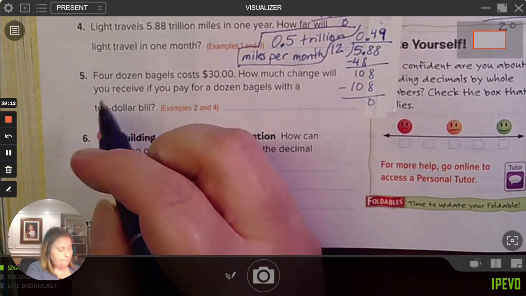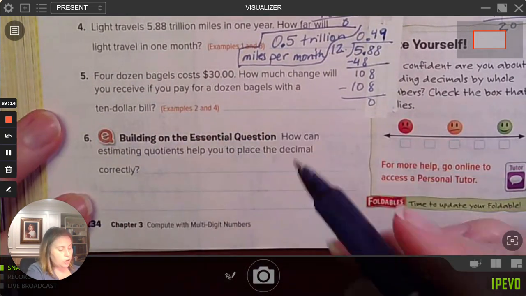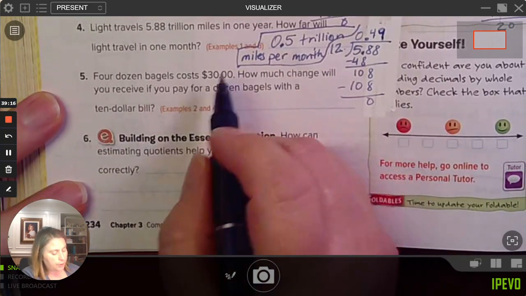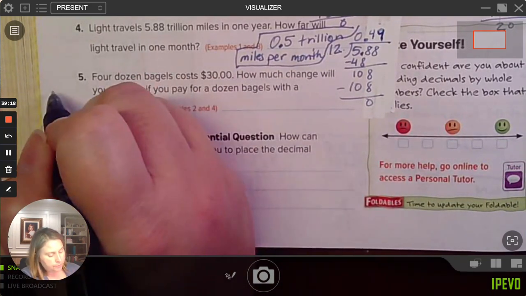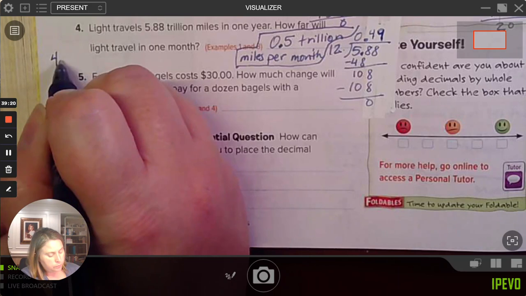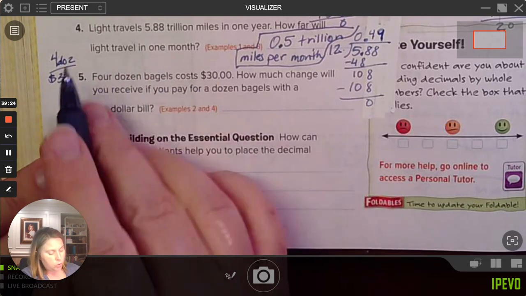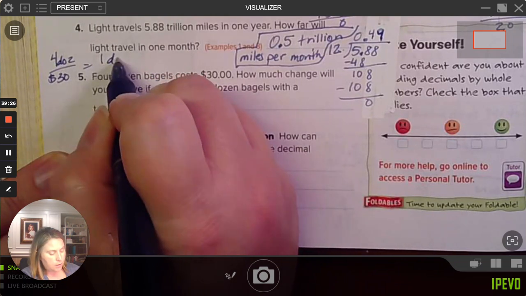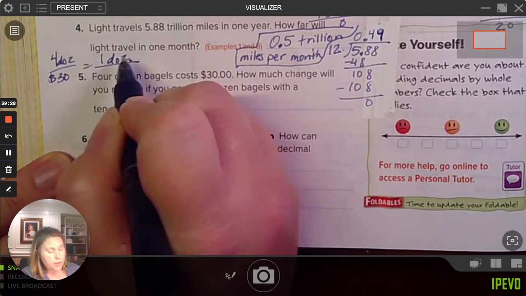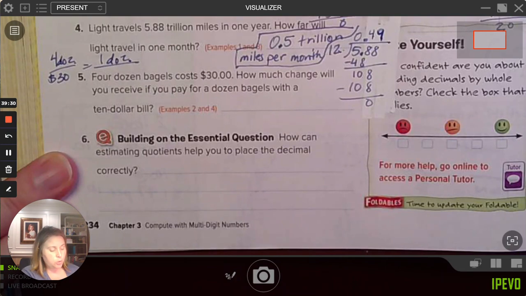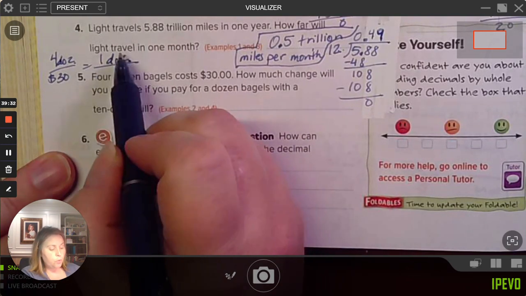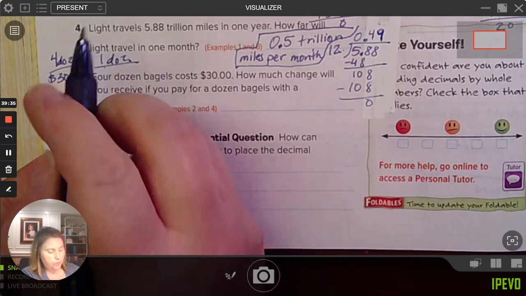Actually, that's a good question. So we'll squeeze it in here. 4 dozen bagels cost $30. So how much will 1 dozen cost? Well, to get from 4 to 1, I divided by 4, right?